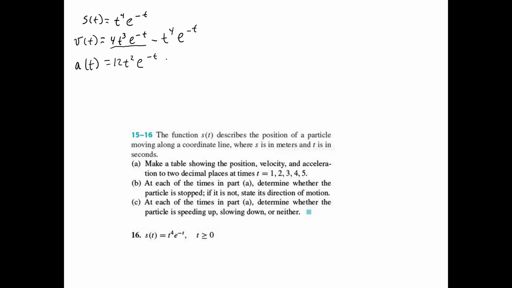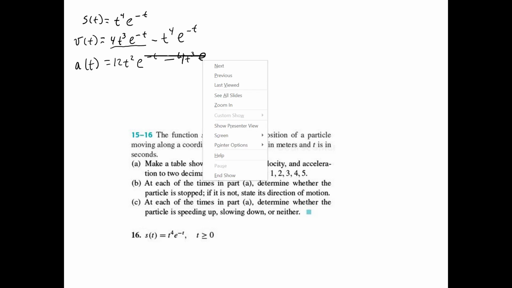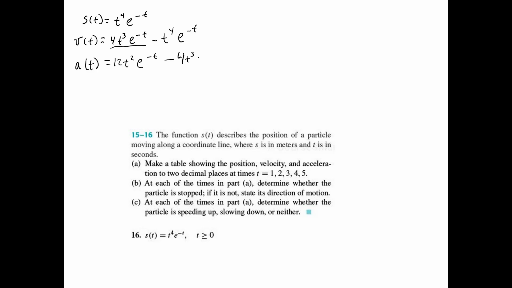And then minus, it's going to be a minus because the derivative of this factor is e to the negative t times the negative 1. And then we still have the 4t cubed e to the negative t.